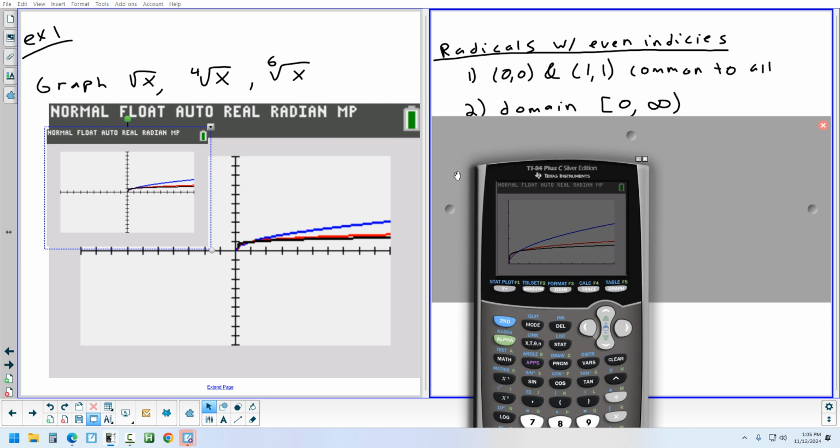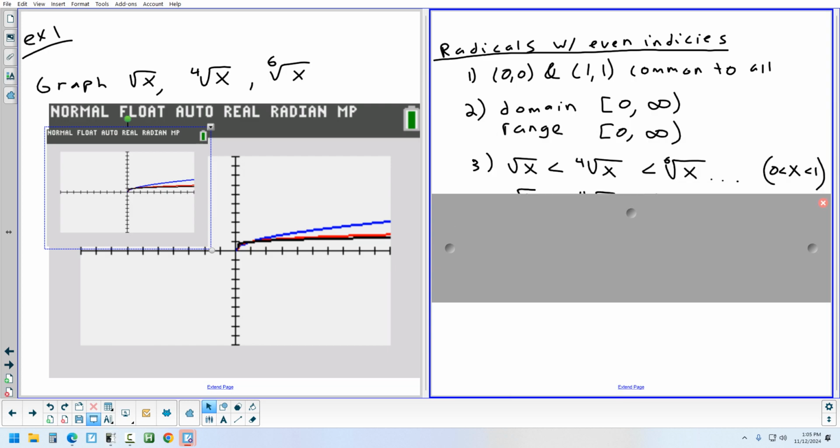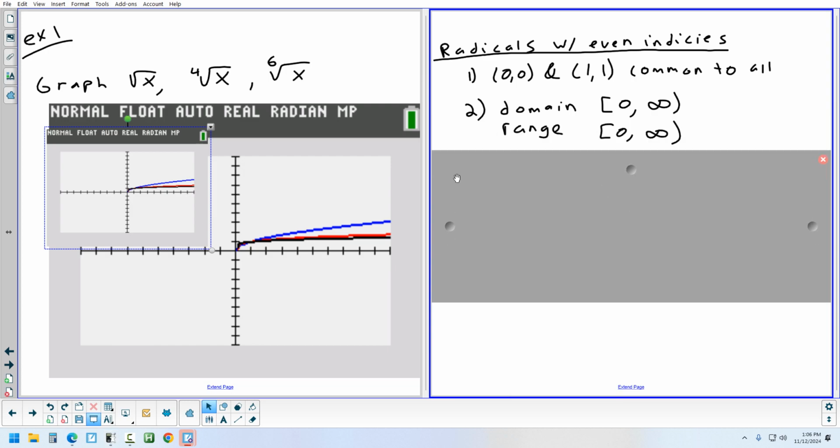If you zoom out more, you'll see that they all just keep going up. It's slow for like the 4th root and the 6th root, but it still keeps going up. So the range is all numbers from 0 to infinity.